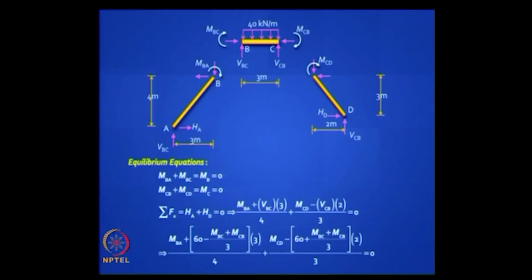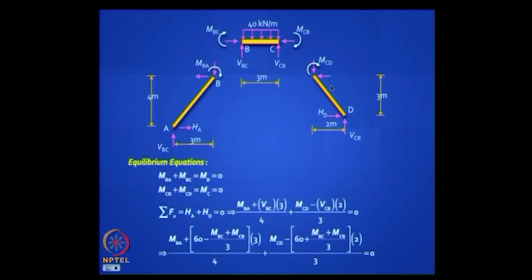Okay, so it's easy. From equilibrium you can write down an expression for HA. HA will be MBA plus VBC into 3 divided by 4, and you agree this is what you write for HD.